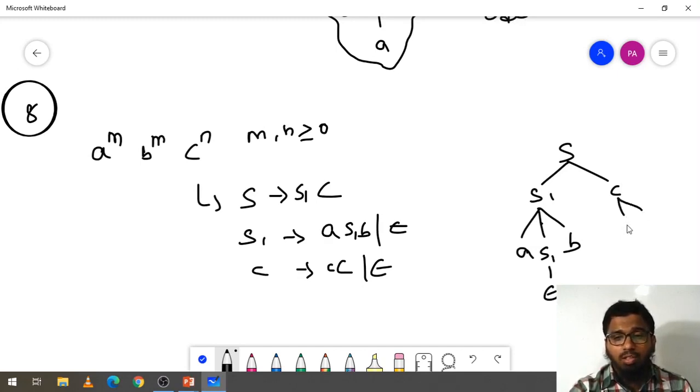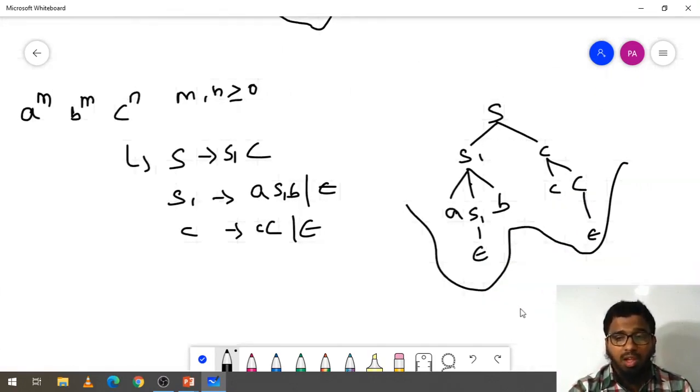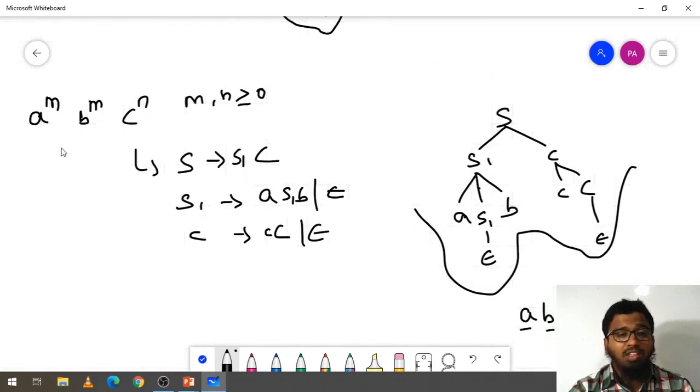Okay, small c, capital C, and capital C I am taking epsilon. So what is the answer for this? Answer for this is A, B, C. Okay, A, B are equal, as it is telling M is A and B. C is any one, means greater than or equal to 0.